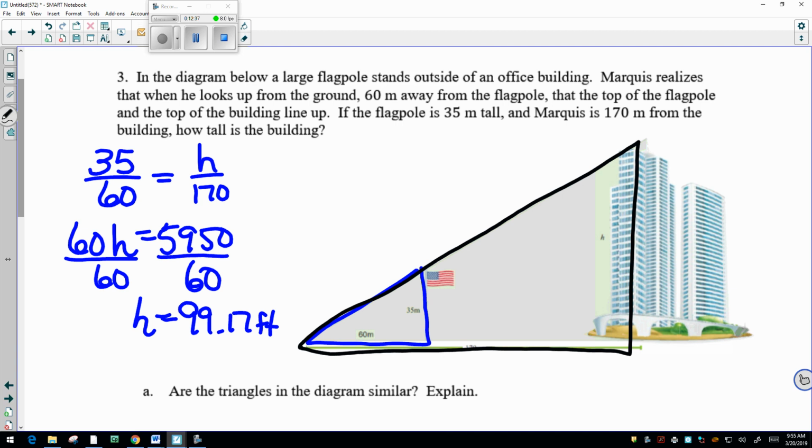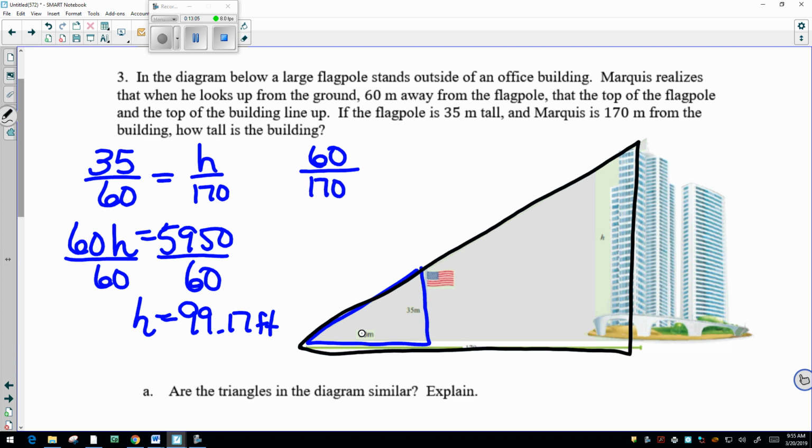Anybody do a different proportion? Could we do a different proportion? Sure. So we compared small triangle to big triangle. What if I compared bottom sides and then I did vertical sides? So for instance, if I said, how about 60 compared to 170?